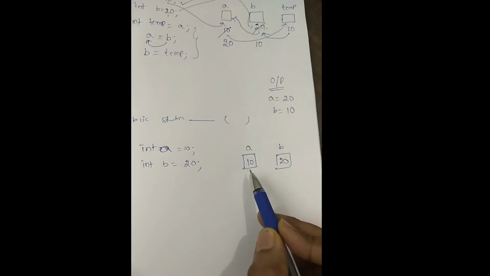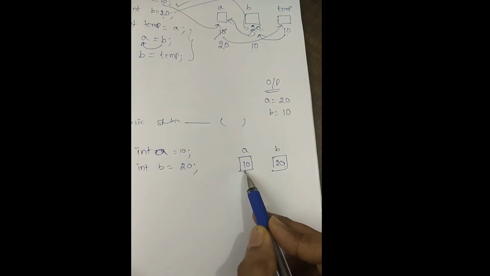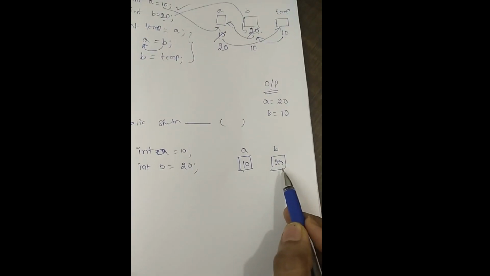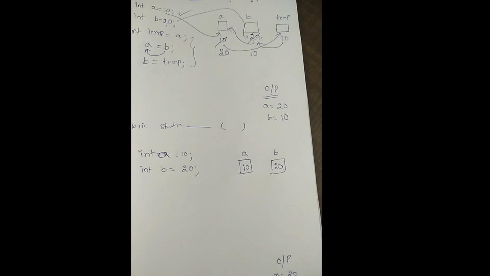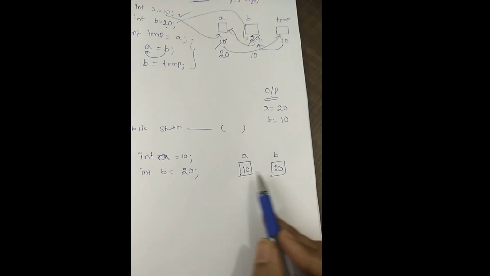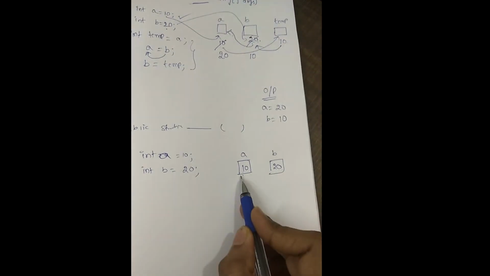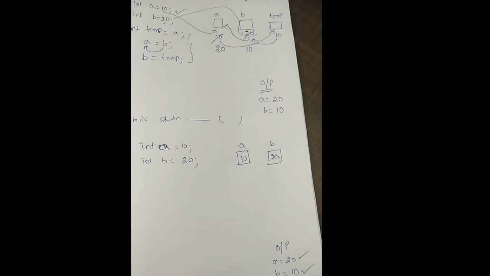Then you can store that 30 into a. 30 minus 20 is 10. Then you can store that into b, so b will be 10. 30 minus 10 will be 20. That can be stored into a, so a will be 20. This is how you have to think.